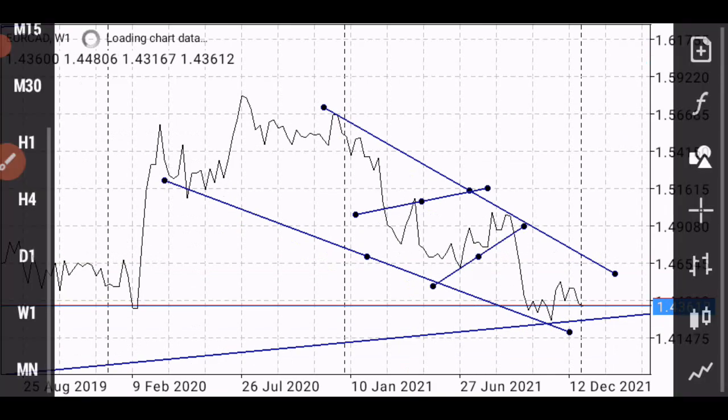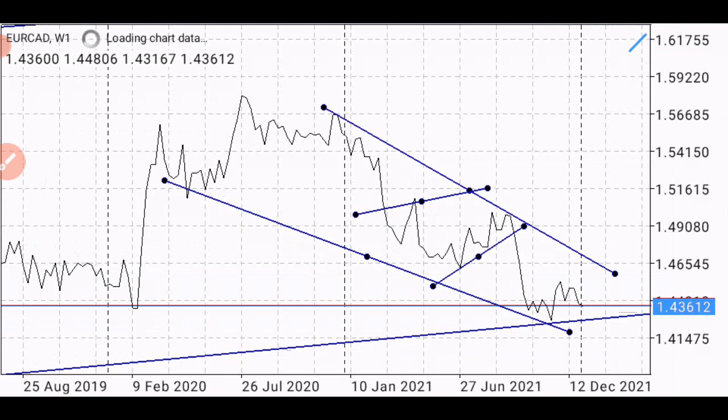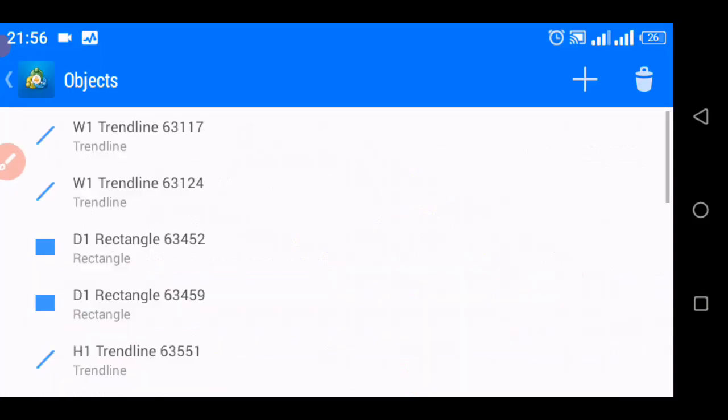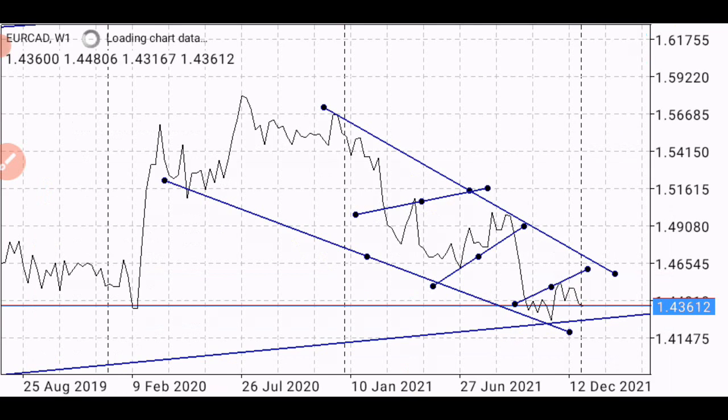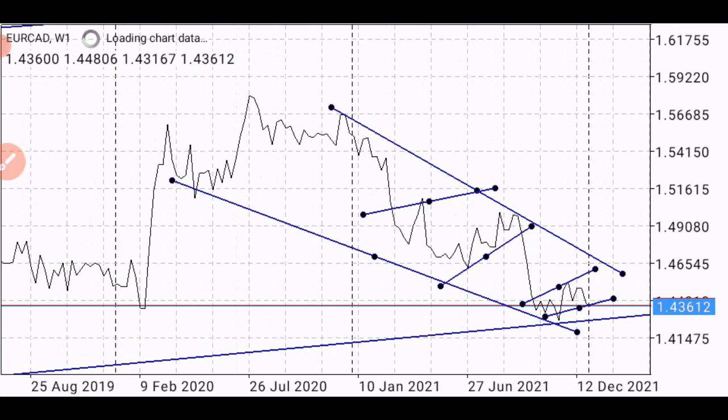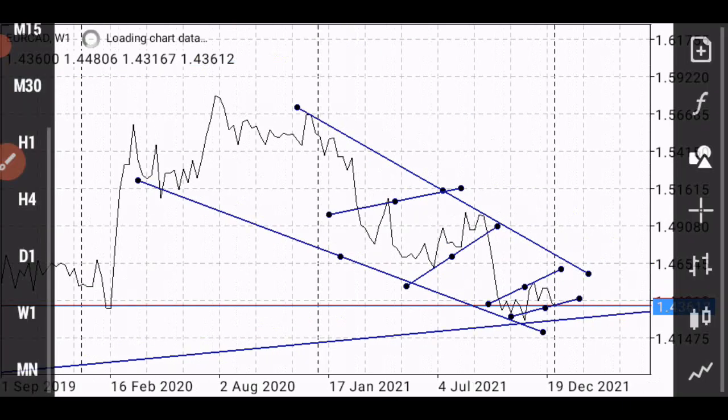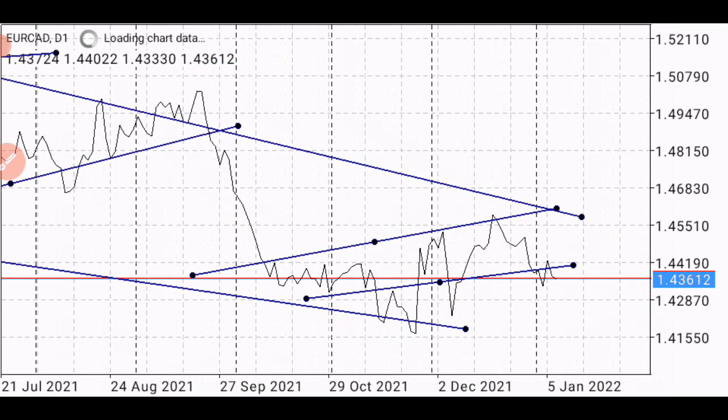So I combine it together to predict the next possible movement of this pair. Yes, I'm probably expecting a few retracements here. Let's go to the daily chart. Let me draw this.